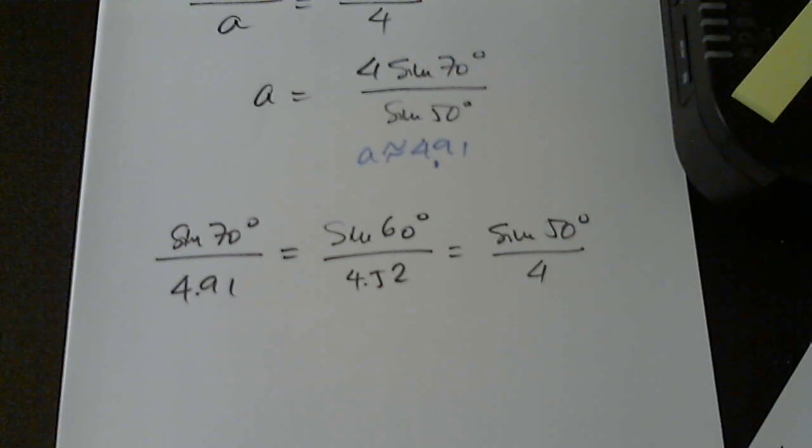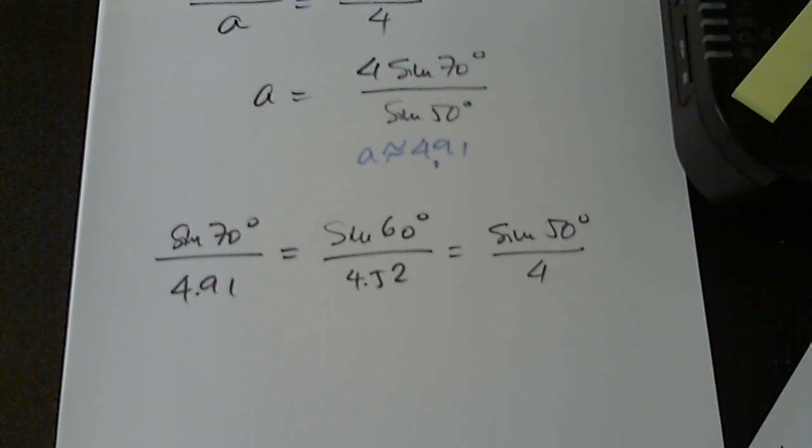Divide sine 70 by 4.91. That's the first ratio. The second ratio is sine 60 divided by 4.52. It has to be close. And sine 50 divided by 4 has to be close. If they're not, I'm in trouble. So good enough. Three decimal digits, I'm happy.